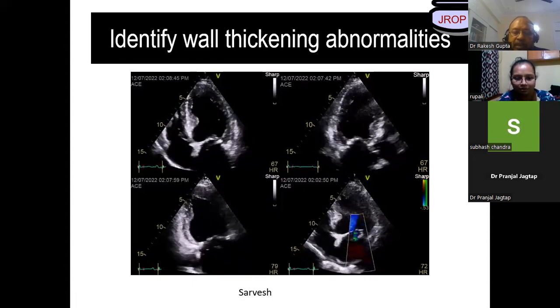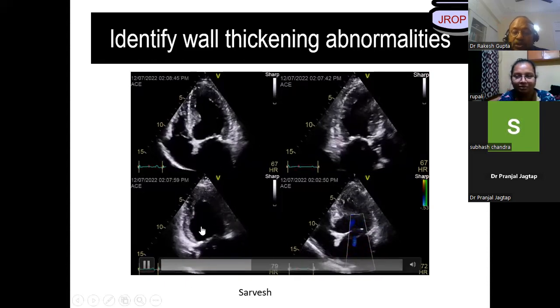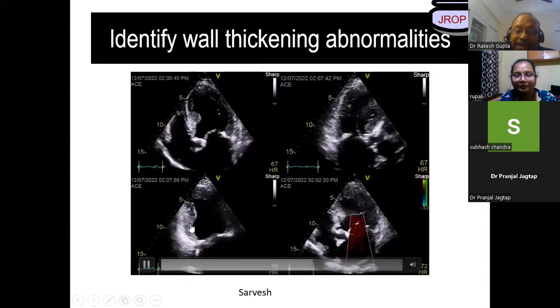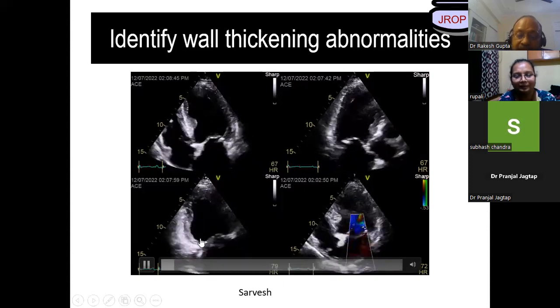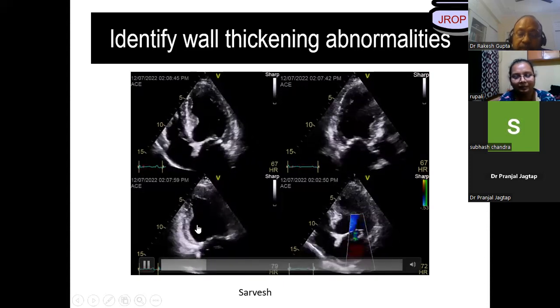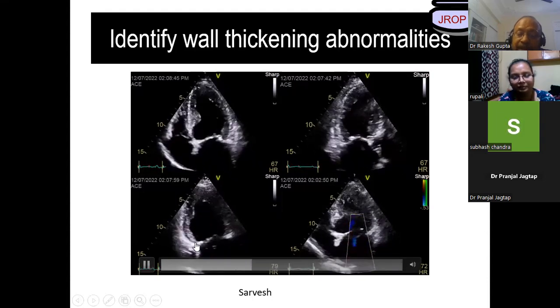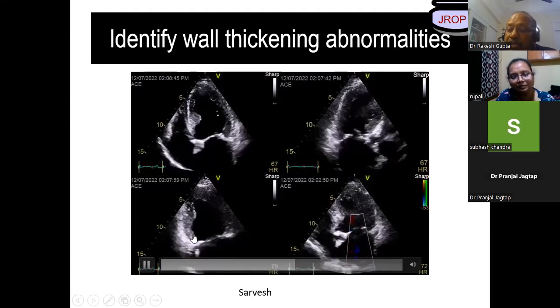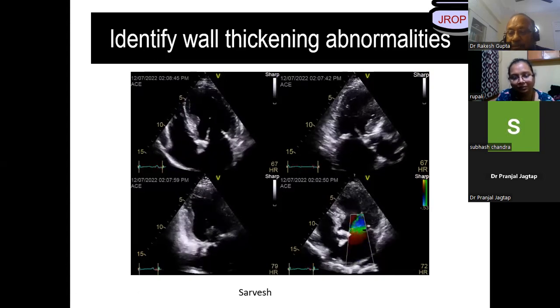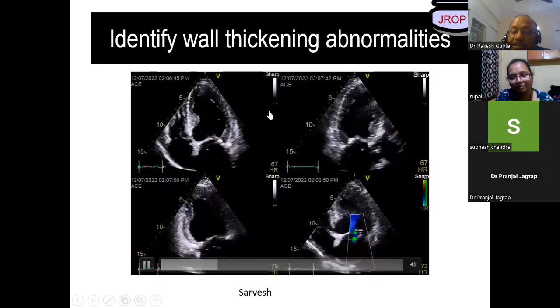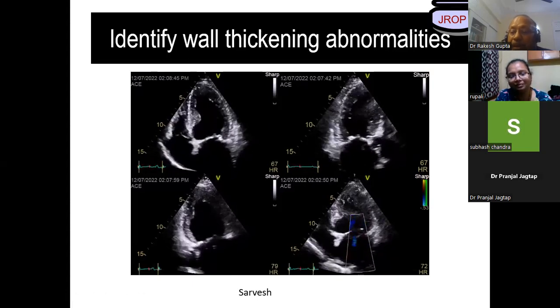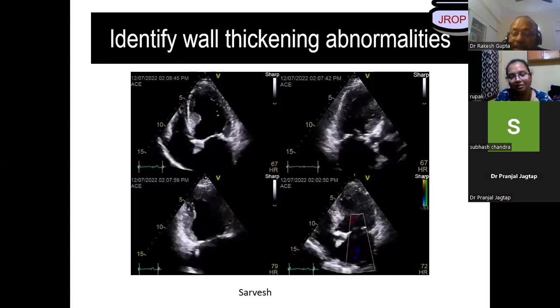Basal inferior is aneurysmal. True. It is almost akinetic and aneurysmal. Look at the segments over here. This is stark contrast outside. And when they become aneurysmal, it means they are almost dead. When we talk of hypokinetic, it means the segments are possibly viable. When we say akinetic, it means possibly they are dead.